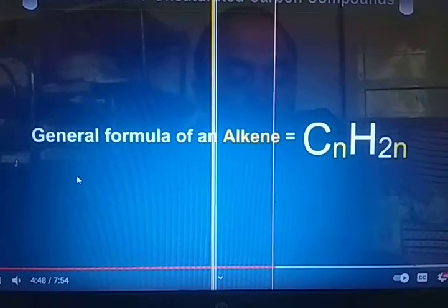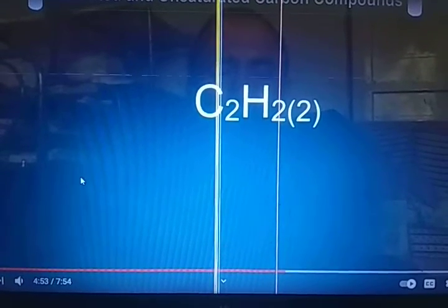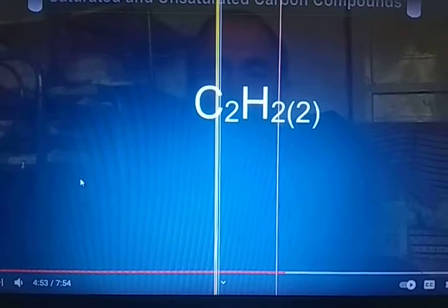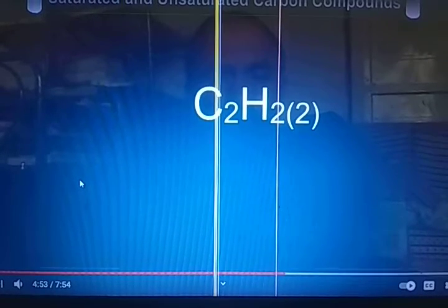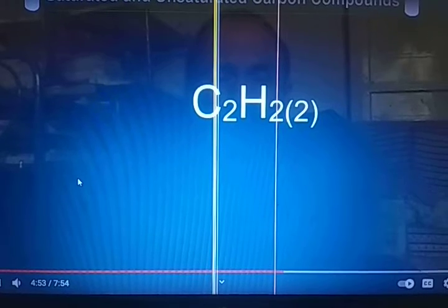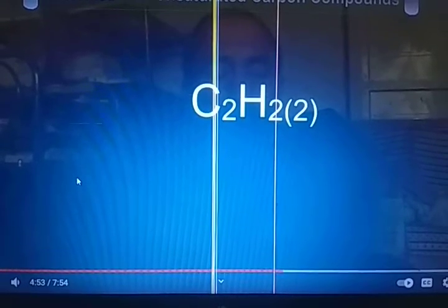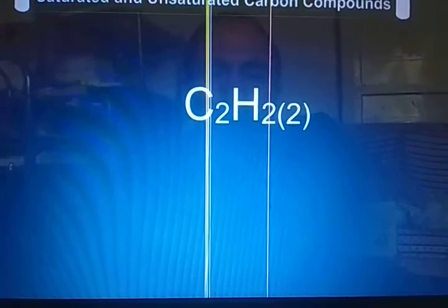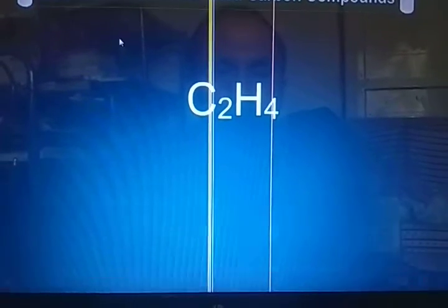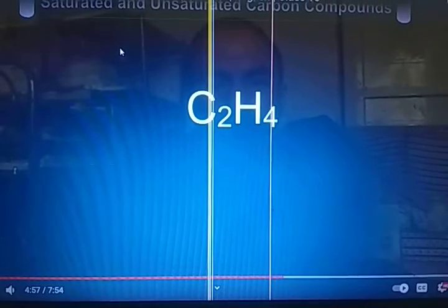CnH2n. Let's take an example. If an alkene has two carbon atoms, then C2H2 into 2, that means C2H4.